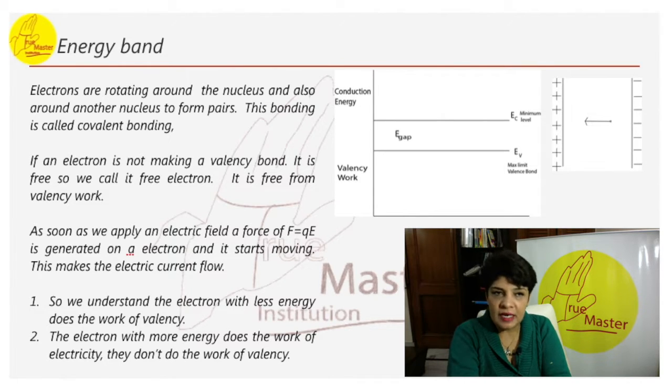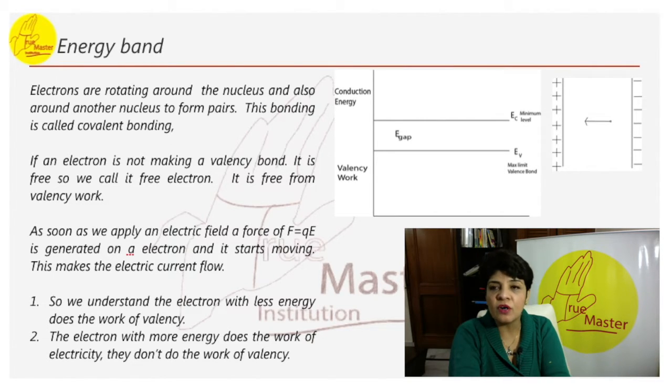So we understand that the electron with less energy does the work of valency. If it has less energy, it is going to be part of the covalent bond, doing the bonding work. The electron with more energy does the work of electricity, and does not do the work of valency.